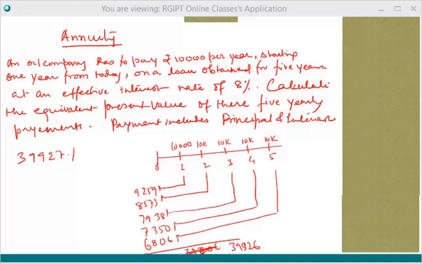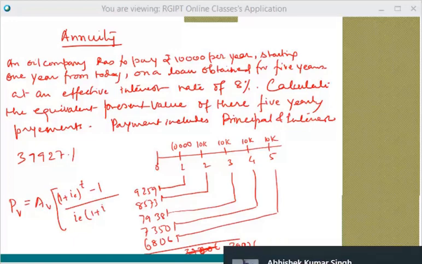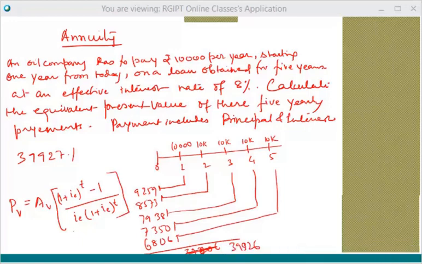But it seems like everybody got some fixed number, 39927.1. So it seems like everybody used some formulation. And for annuity value, you can do this: AV = (1 + IE)^T minus 1 divided by IE (1 + IE), because it's a series.